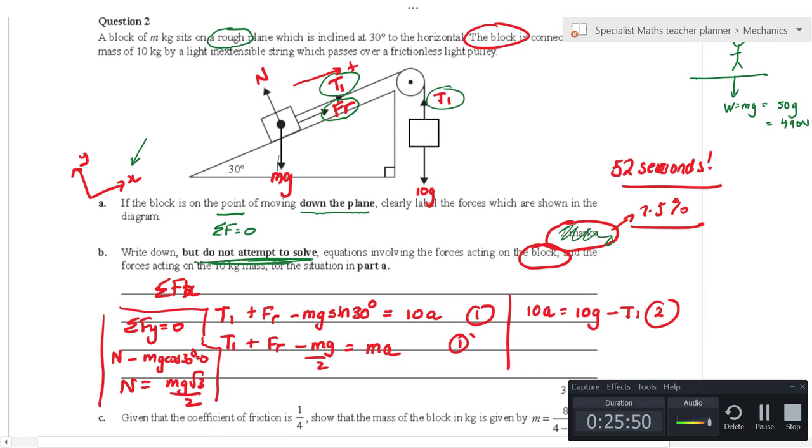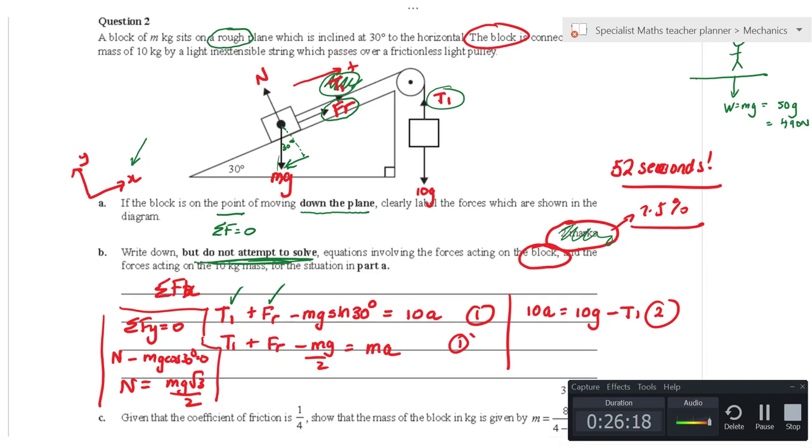T1, T1, T1. Friction opposes motion, so it's about on the point of moving. So friction is going up the hill minus mg sine 30, which is this thing here. This component of this force is mg sine of 30 degrees. And then that is equal to 10 times A.